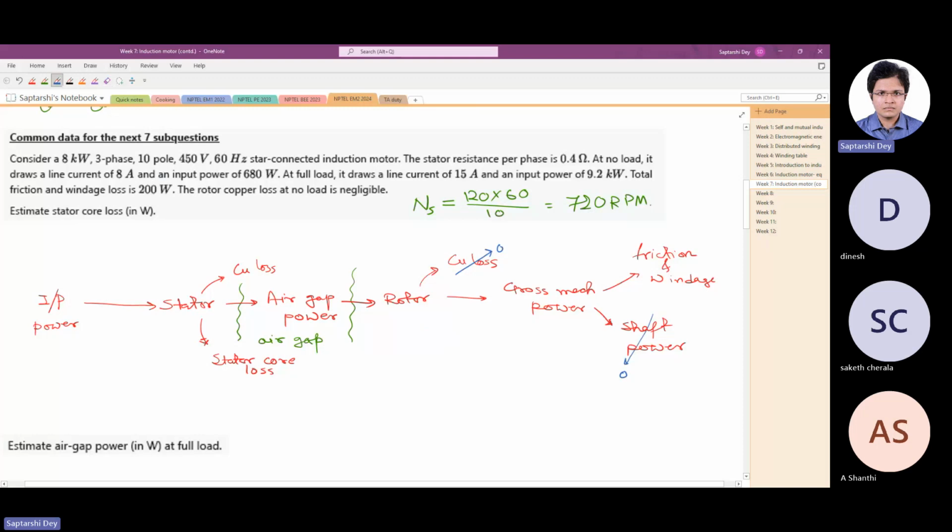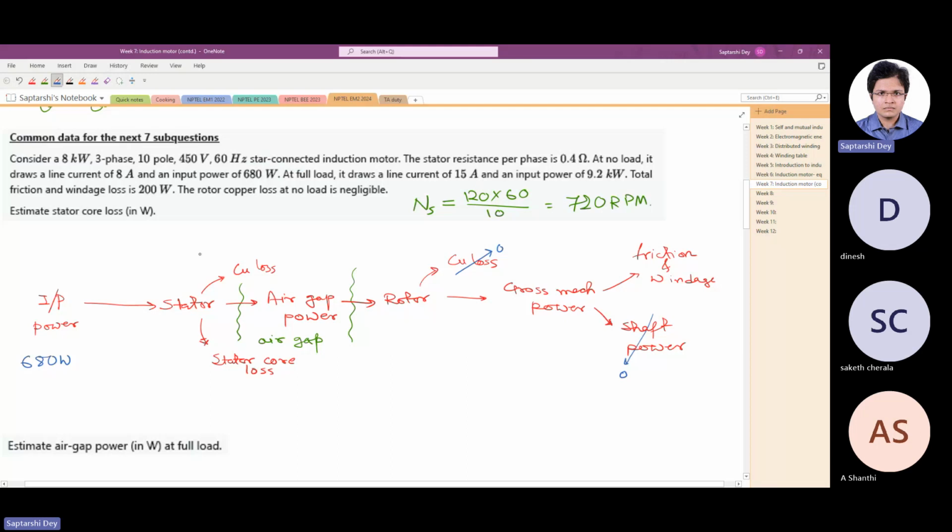Input power is known, 680 watt. What is the stator copper loss? The per phase resistance is given. It's a star connected induction motor, so whatever the line current, that much is the phase current.